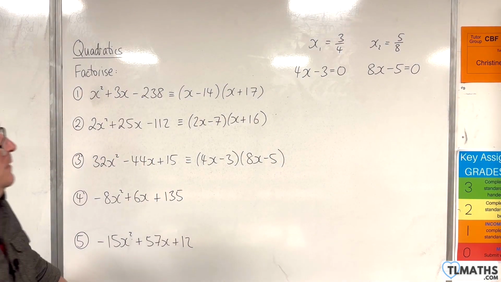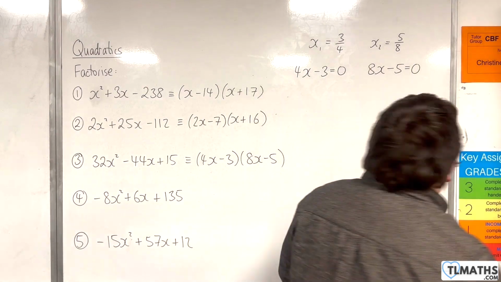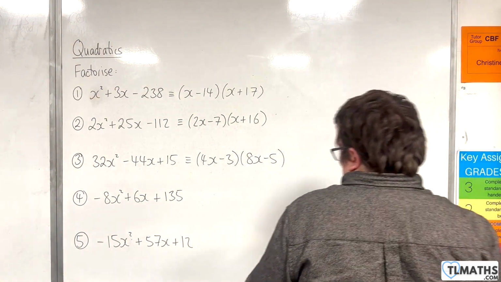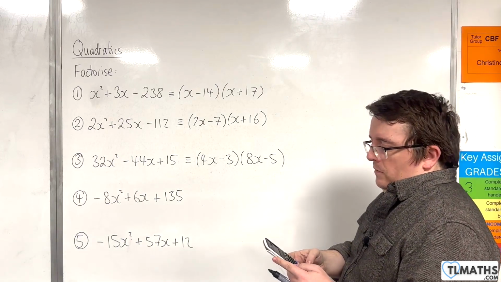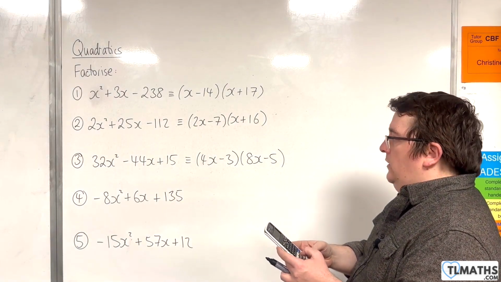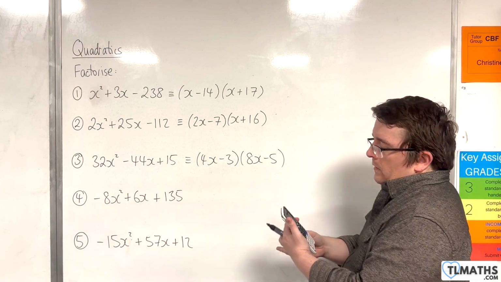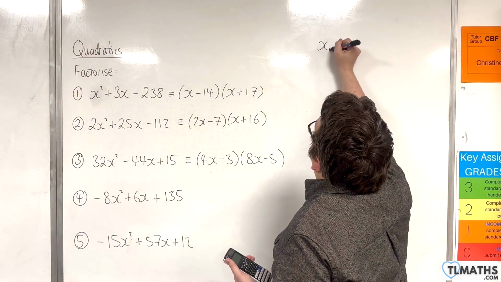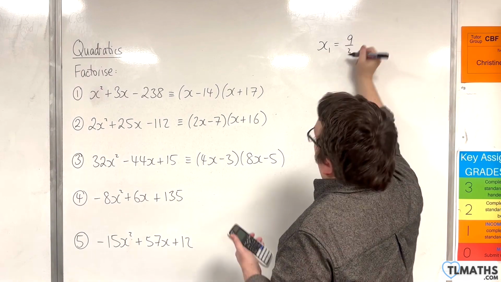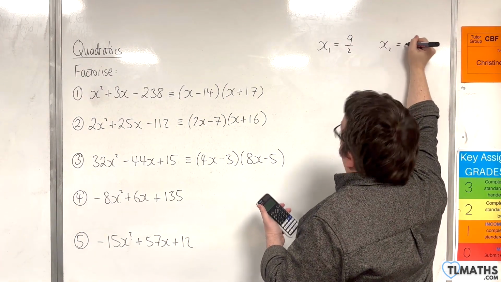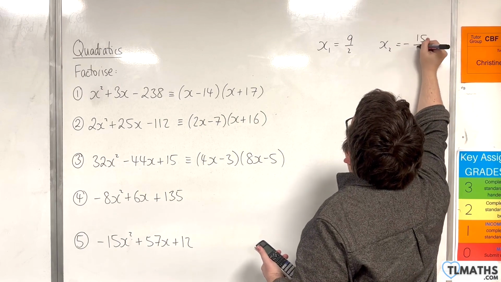Right. Next one, number 4. So this time we have minus 8, then 6, then 135. So I'm going to get x1 is 9 halves and x2 is minus 15/4.